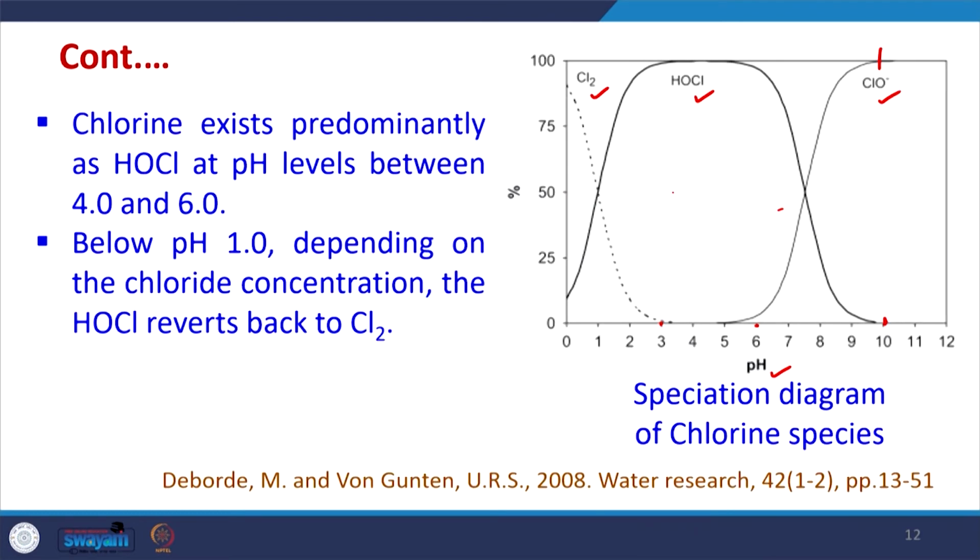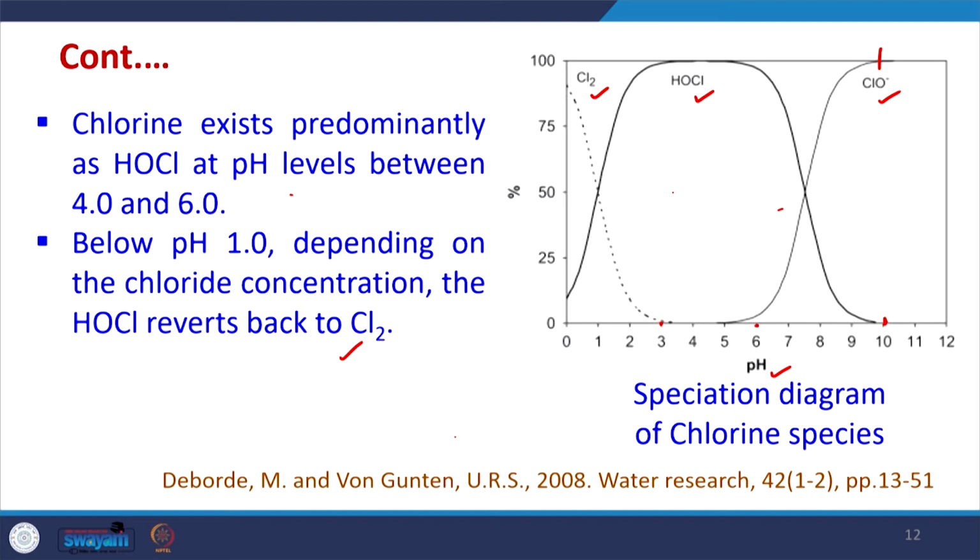Chlorine exists predominantly as HOCl at pH levels between 4 to 6. Below pH 1, depending upon the chloride concentration, HOCl will get converted into Cl2.